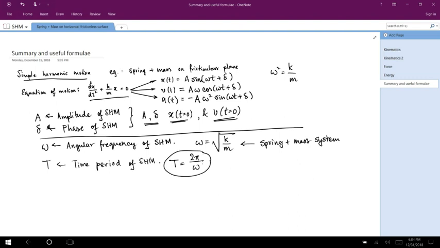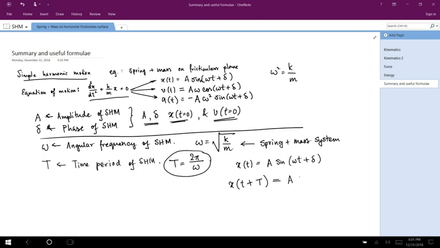Well, what we could do is start our position expression at some time t. So x of t is equal to A sin(ωt + δ). And let's evaluate the position, in our case the position of the block, at some later time t plus T, where capital T is the period of the SHM.